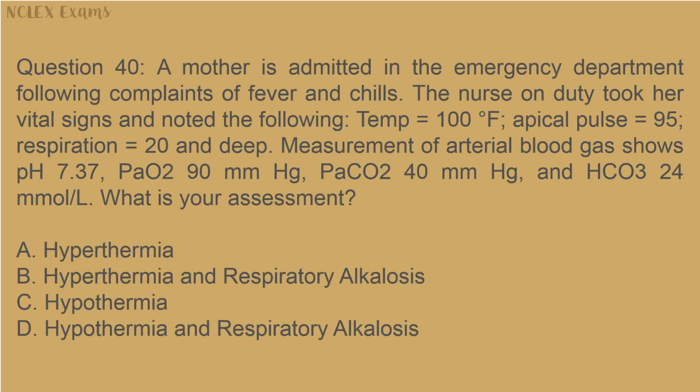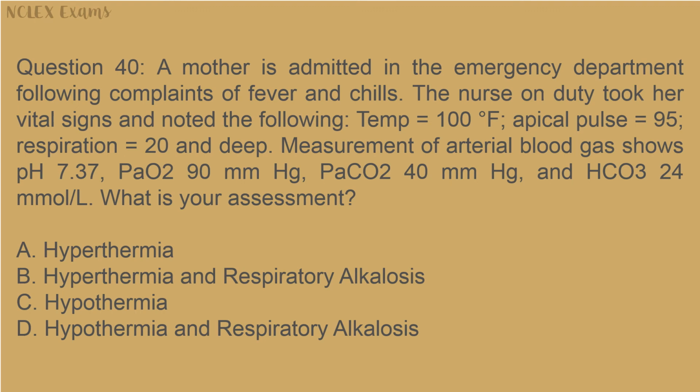Question 40. A mother is admitted in the emergency department following complaints of fever and chills. The nurse on duty took her vital signs and noted the following: temp equals 100 degrees Fahrenheit, apical pulse equals 95, respiration equals 20 and deep.